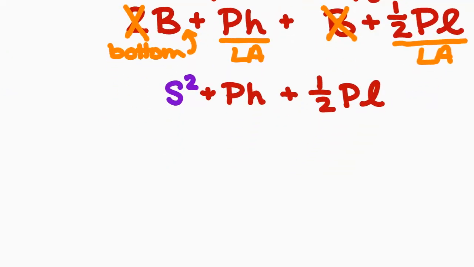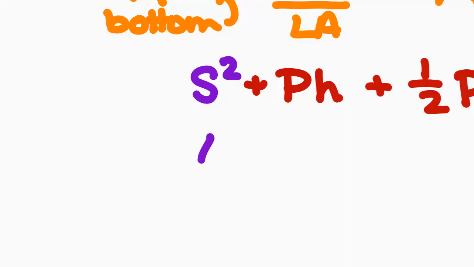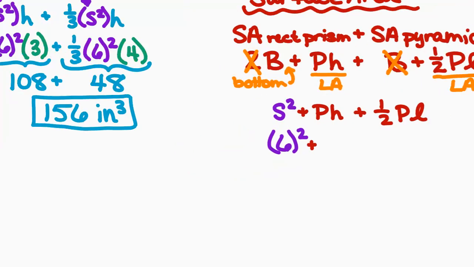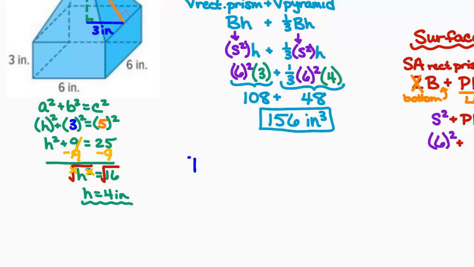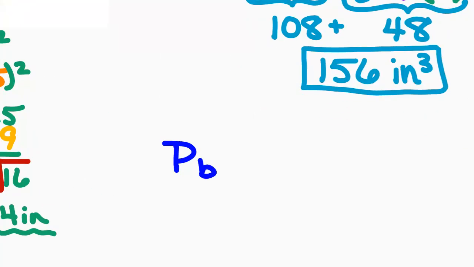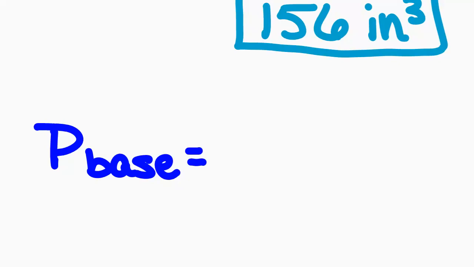And you guys told me over on volume that our base is a square, so this would be side squared plus perimeter of the base times the height, plus, we totally cut out the base altogether over here, so 1/2 perimeter of the base of the pyramid times the slant height. And my sides of my square are 6, so I have 6 squared for the area of the only base that we've got. Now I need the perimeter of the base. It's a square base, so how do I find the perimeter? 6 times 4, we have 4 sides.